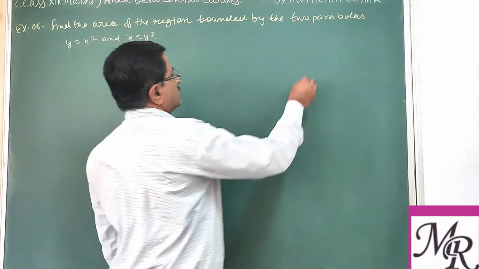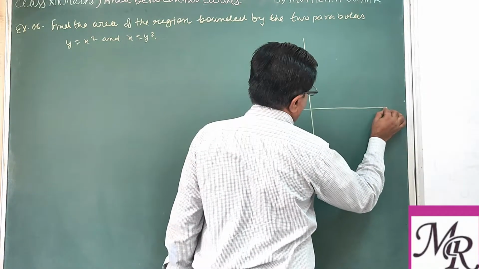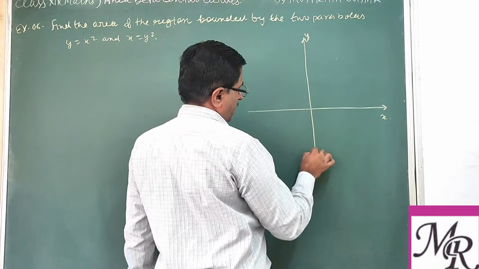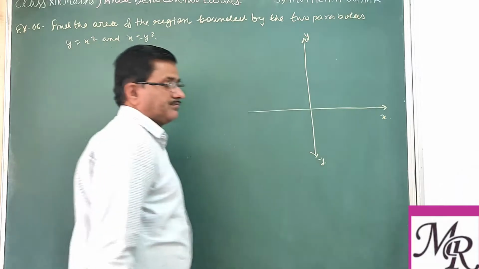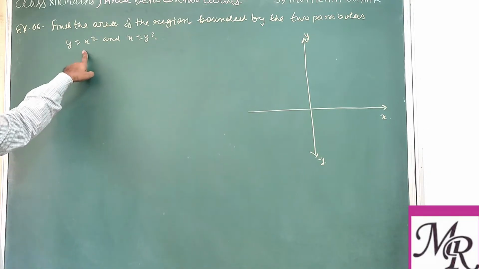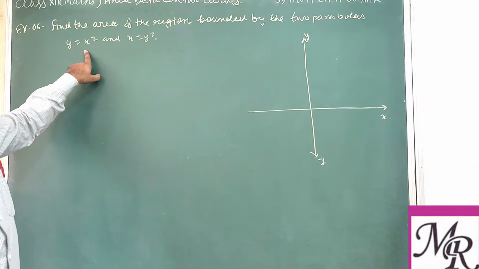So first of all, we draw the graph of the parabolas, and as you saw in the class, how to draw the graph. There are two parabolas, y equal to x square and x equal to y square.